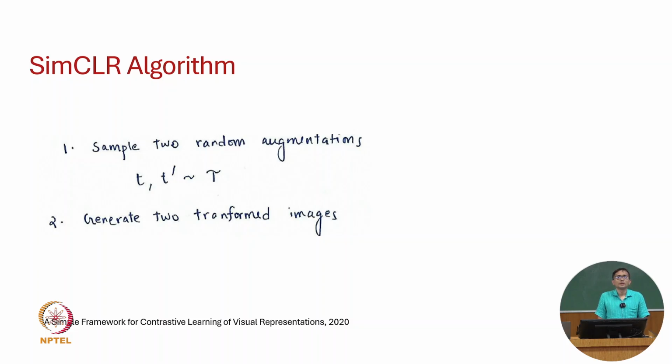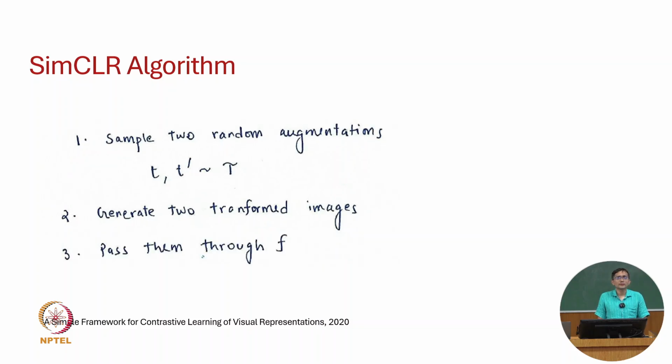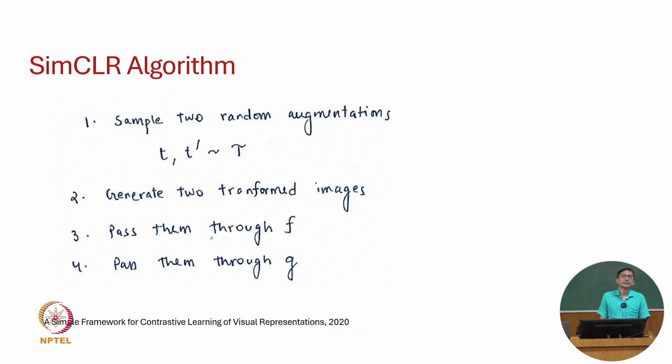So now what? Given that we have generated two transformed images, we would pass them through f. What is f? Remember, we talked about having two networks, right? So f is one of them, and then we will again pass them through g.